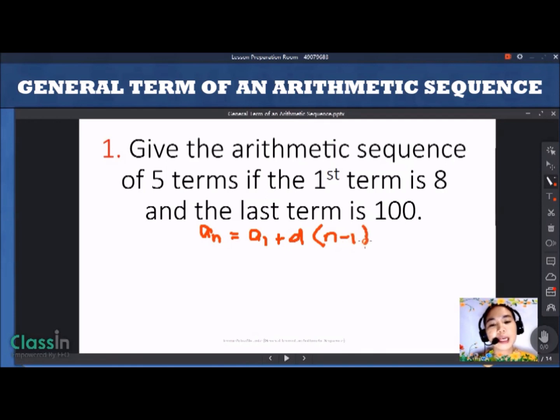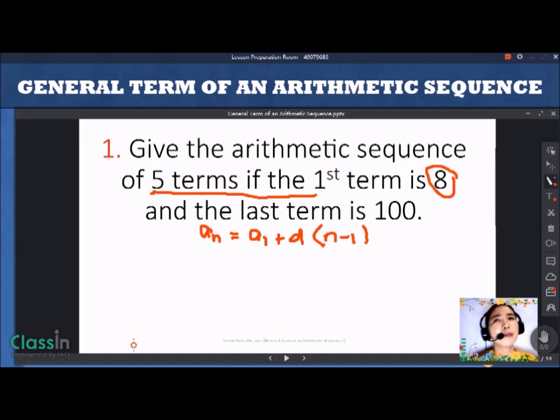Take note, in this example, we have to determine the arithmetic sequence of 5 terms. We already know the first term, that is 8, right?